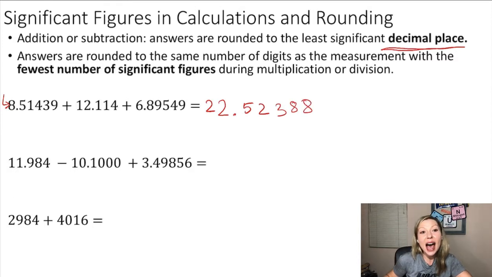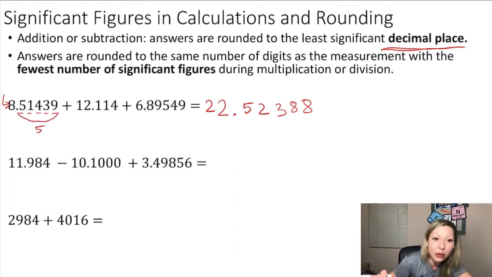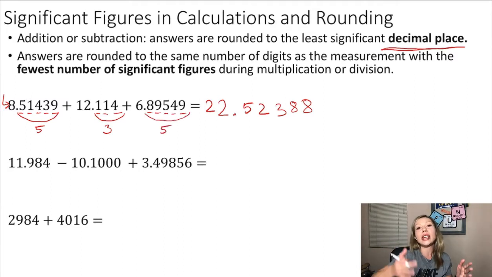Let's see how many significant decimal places we have. We have 1, 2, 3, 4, 5 in this case. So 5 values after my decimal point. 1, 2, 3 in my second number, and 1, 2, 3, 4, 5 in my third number. So I have to round it to the smallest number of decimal places.